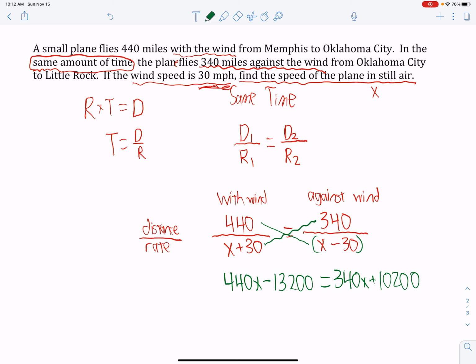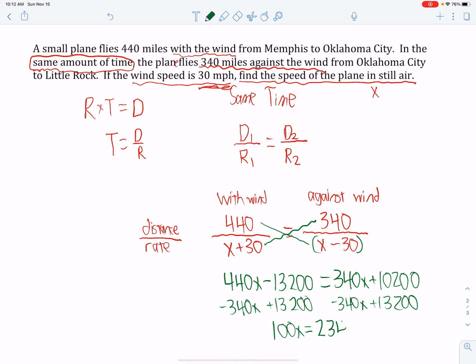All right, so now to solve this, I would subtract 340x from both sides and add 13,200 to both sides. And we end up with 100x equals, let's see, that's 23,400. Oh, this one I can solve in my head.